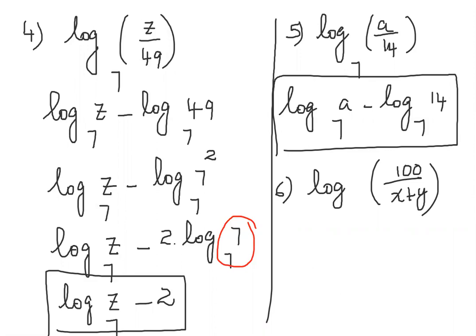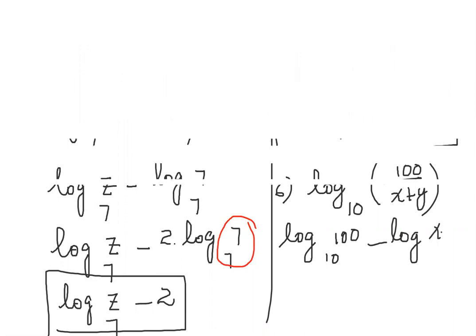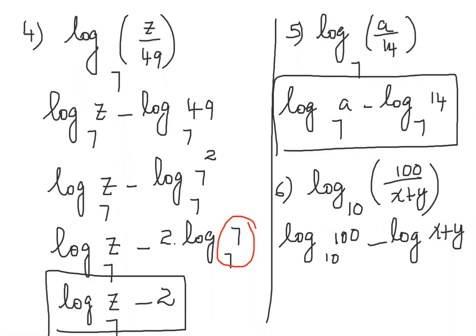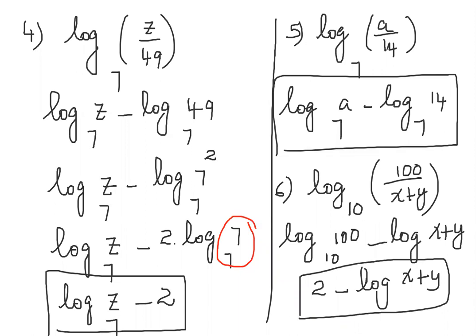And again, remember the base is 10. If there is no base, the default number is 10. So I'm just putting the 10 to simplify the answer. And log 100 to the base 10 is 2. You can either use your calculator or you can use the power rule. So it's going to be 2 minus log (x plus y).